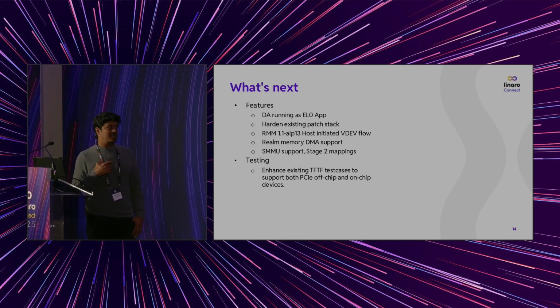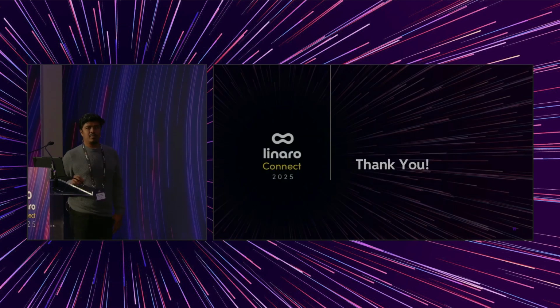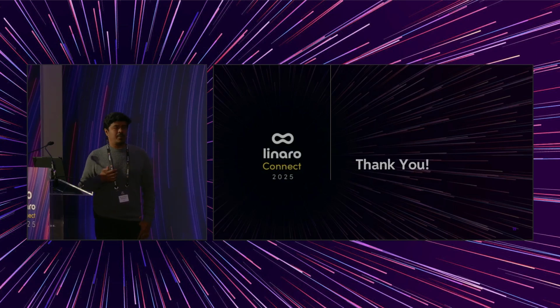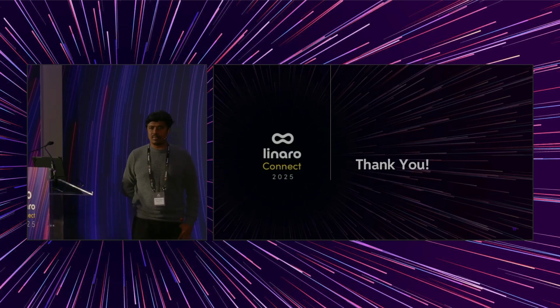That will be published soon, and there will be a shrink wrap overlay for it as well to test all the changes. So that brings me to the end of this talk. Please let me know if you have any questions.